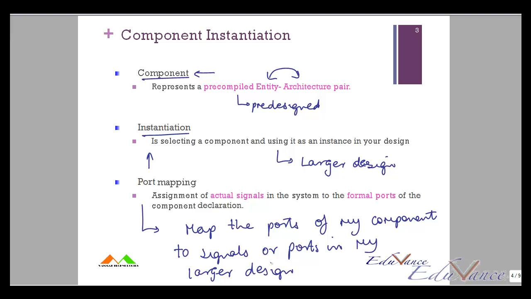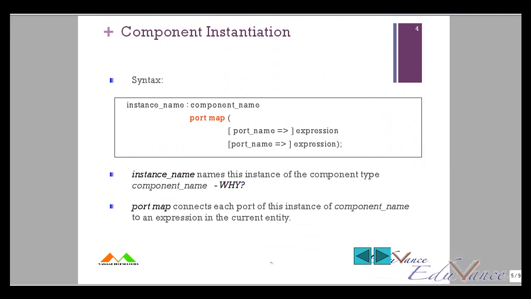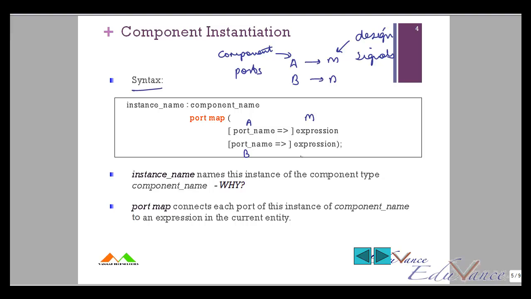So let's understand this using an example. The basic syntax is, if I have a component whose ports are, let's say, A and B, and I want them to connect to signals M and N in my design. So let's say these are my component ports and these are my design signals. Then I would write the component port here and the design signals here.